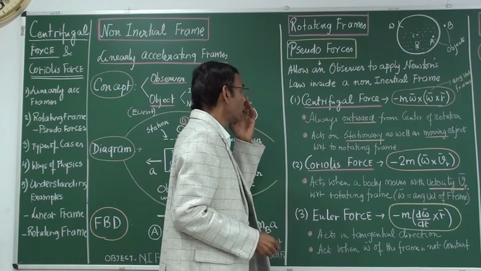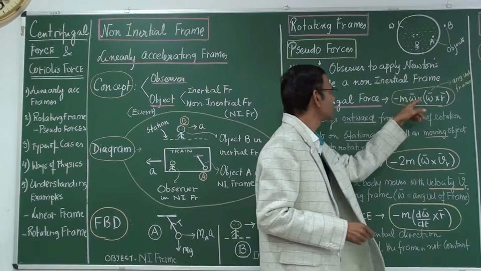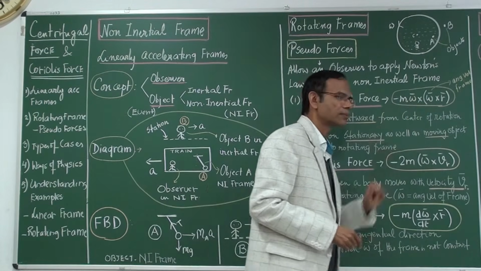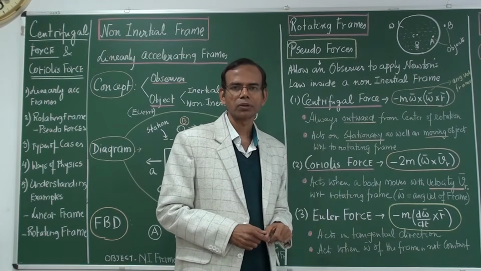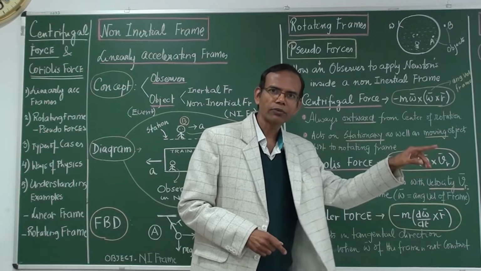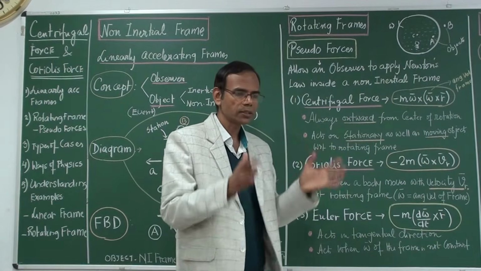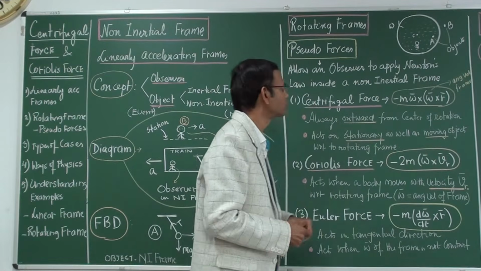Okay. What are the properties of centrifugal force? If you calculate this vector, that is minus omega cross omega cross r, it is always away from the center of rotation. It is always away from the axis of rotation. Sorry, in a 3D situation, it is always away from the axis of rotation.